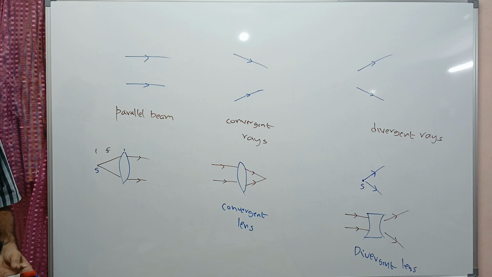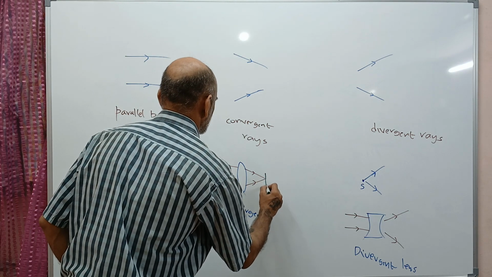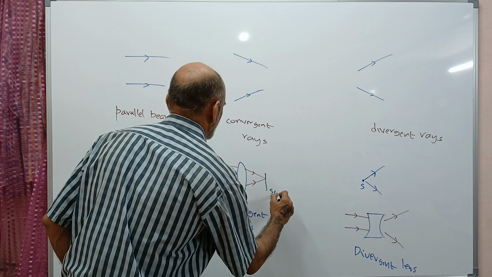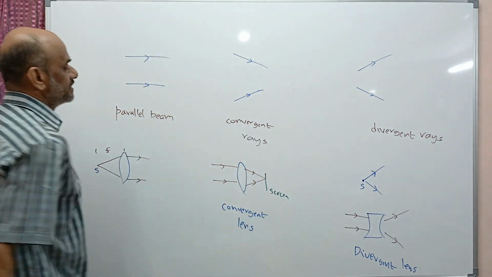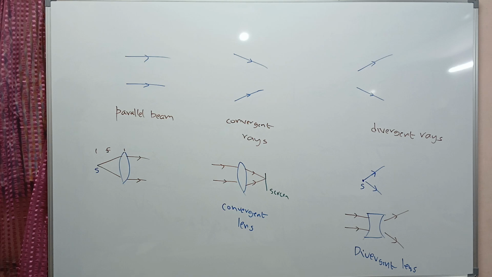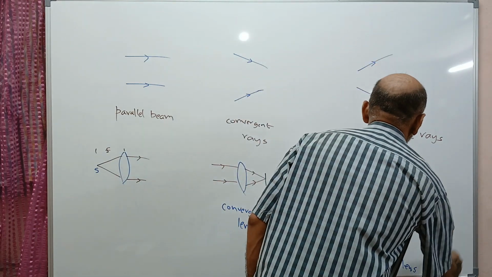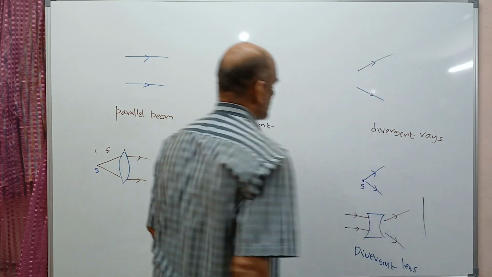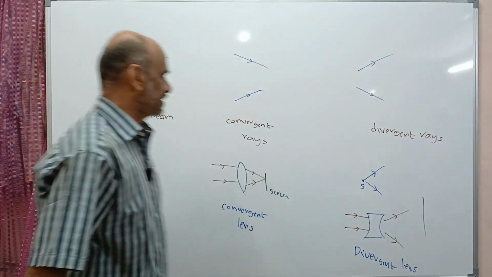And we have converging rays. If you put a screen here, I can see an image of this object. But when you have divergent rays, wherever you put the screen, whichever position, there won't be any image formed on the screen. So divergent rays will give me virtual image.